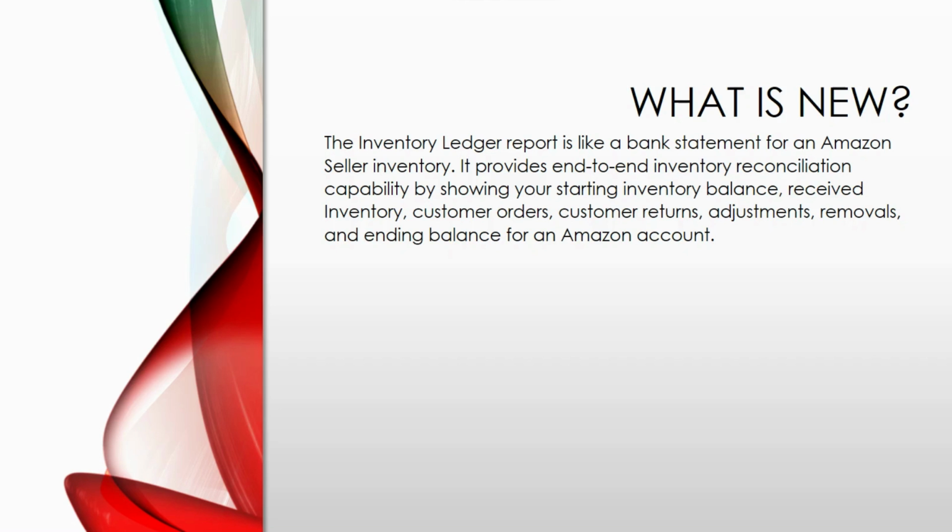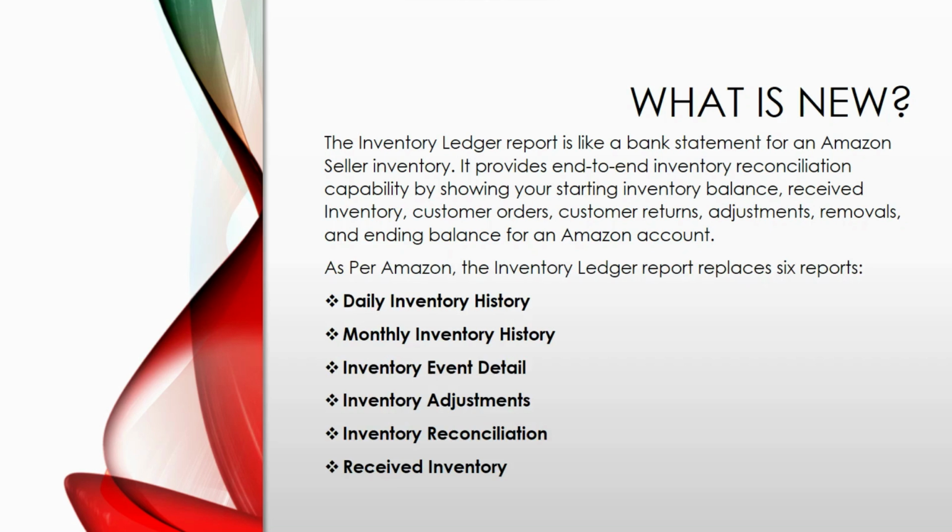What are the 6 main reports we had in the past, where we could get all the data we required regarding customer returns, adjustments, removals, and so on? These are the 6 reports which Amazon replaced with the inventory ledger report: daily inventory history, monthly inventory history, inventory event details, inventory adjustments, inventory reconciliation, and received inventory.